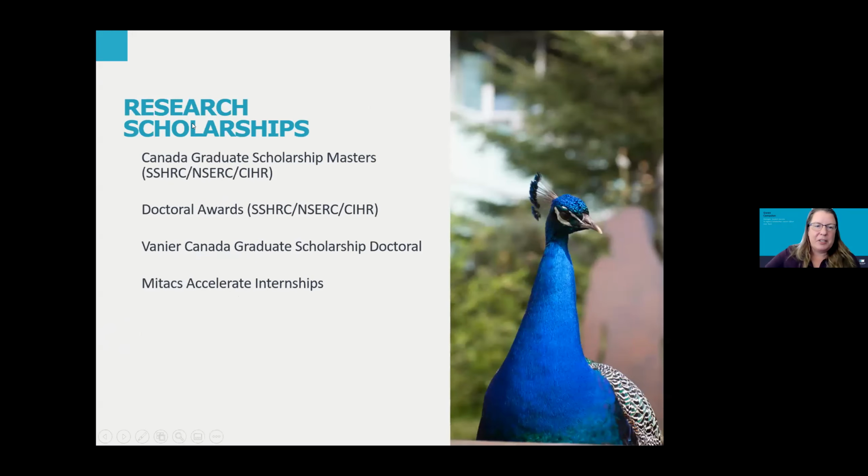And then we run the research scholarship competitions. The top three here, the Canada Graduate Scholarship Masters, the Doctoral Awards, and the Vanier Canada Graduate Scholarship Doctoral, are the premier research training scholarships funded by the Canadian federal government, and open to Canadian citizens and landed immigrants.